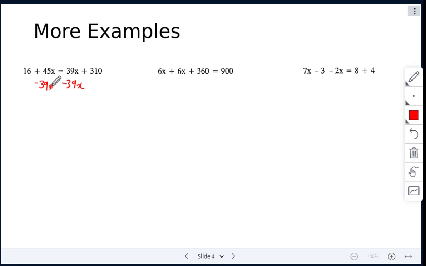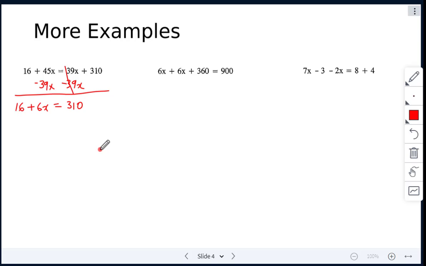All right. And notice I'm subtracting from the 45x here. So on my left hand side now I have 16 and then 45x minus 39x, which gives me 6x. That's a positive 6x. So plus 6x, which equals to 310.